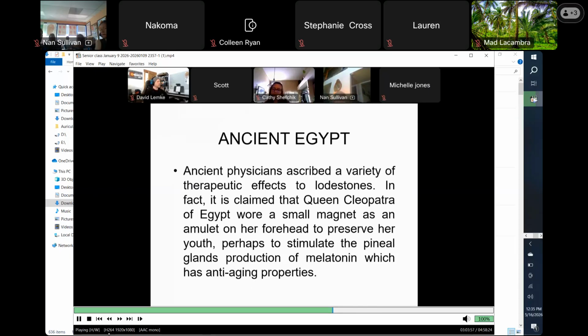Ancient physicians achieved a variety of therapeutic effects with lodestones. In fact, it is claimed that Queen Cleopatra of Egypt wore a small magnet as an amulet on her forehead to preserve her youth, perhaps to stimulate the pineal gland's production of melatonin, which has anti-aging properties.